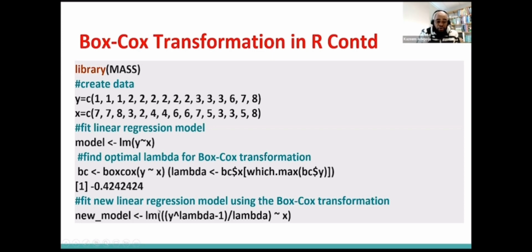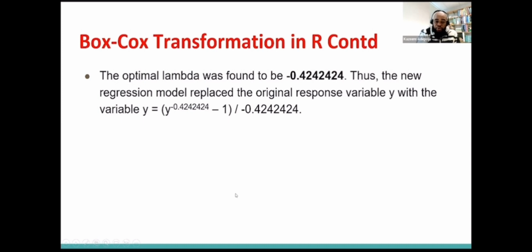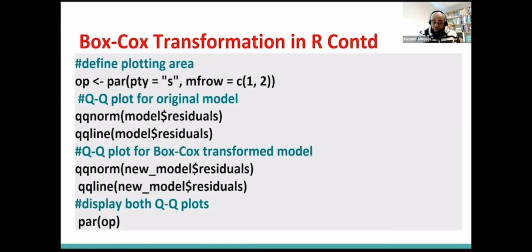I already know what my lambda is, so I'm going to plug it in. This is my new variable, the transformed response, with lambda being negative 0.424. That is the new variable that I'm going to run.